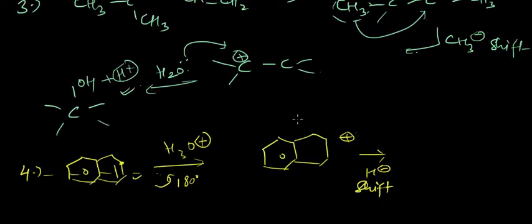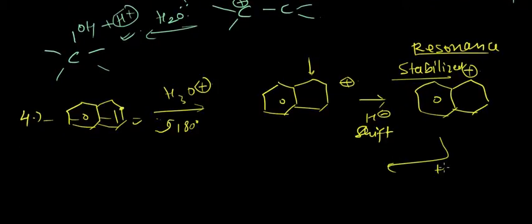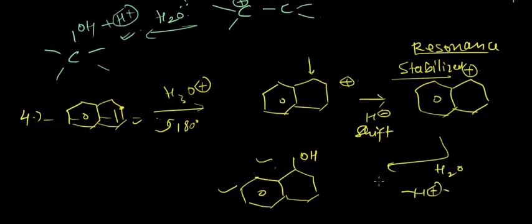As a result, positive charge will come on this carbon atom, and because of the positive charge coming on this carbon atom, it would be resonance stabilized. Next, hydrolysis will happen, in which H plus would be removed from the attacking water molecule and OH would be formed. And obviously the benzene ring is also attached. So this will be the final product formed.